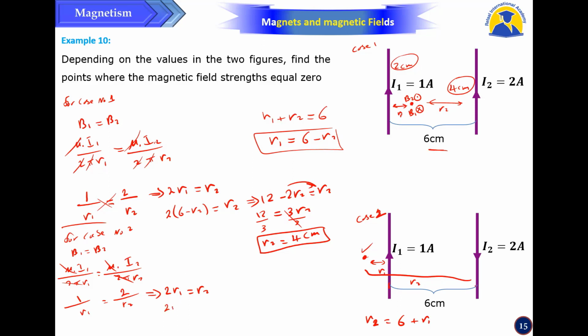So in 2R1, we replace R2 by 6 plus R1. Now we move R1 here, so 2R1 minus R1 will equal 6. 2R1 minus R1 will equal 1R1, so R1 will equal 6 centimeter. So this distance is 6 centimeter. So R1 is 6 centimeter, and R2 will equal 6 plus 6, which equals 12 centimeter.